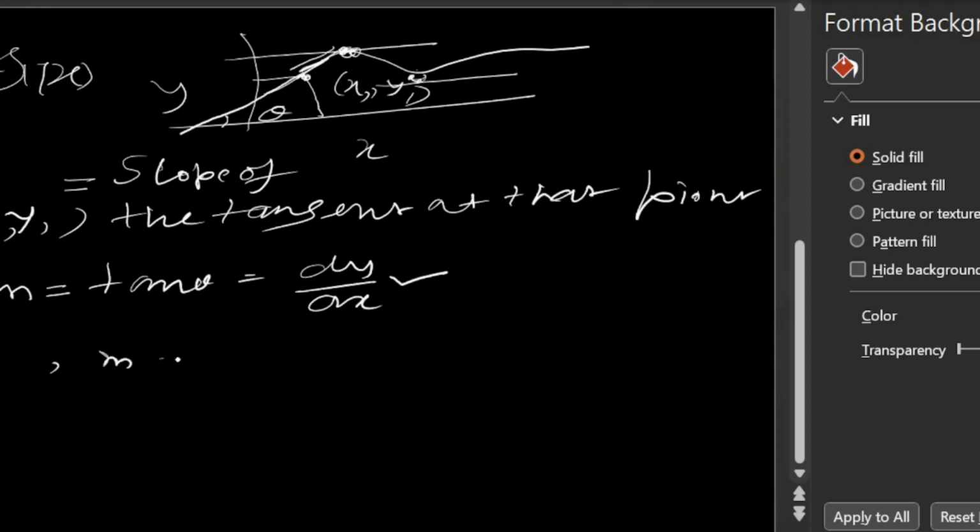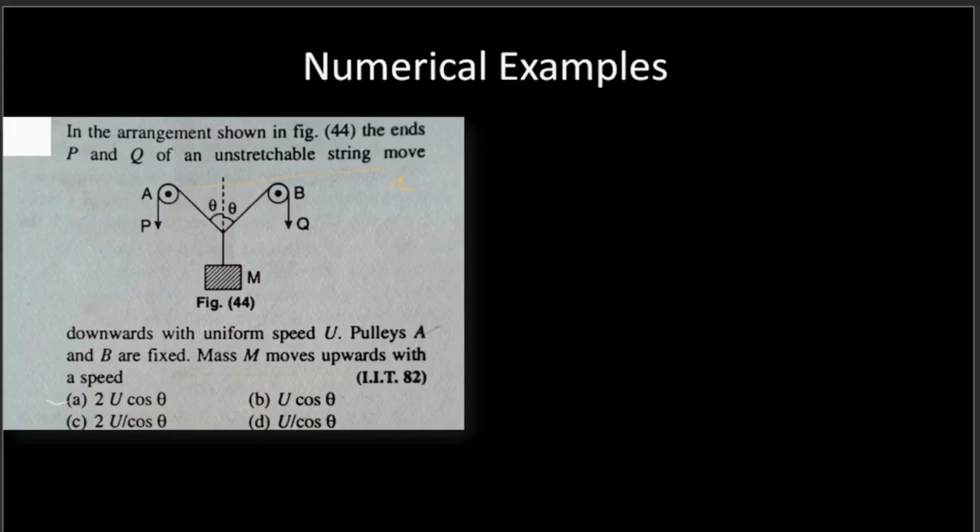So m equals tan 0, which is 0. So dy by dx equals 0 here. So just by finding the derivative of a function and equating it to 0, you can get the points of maxima and minima of a certain function also. Now I start discussing the numerical example.